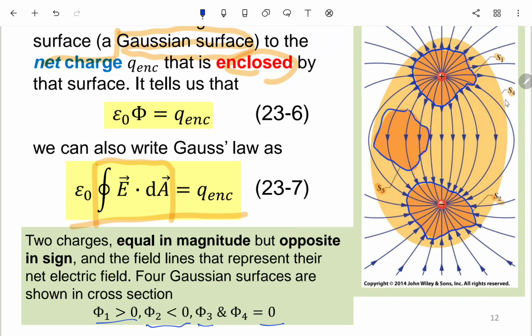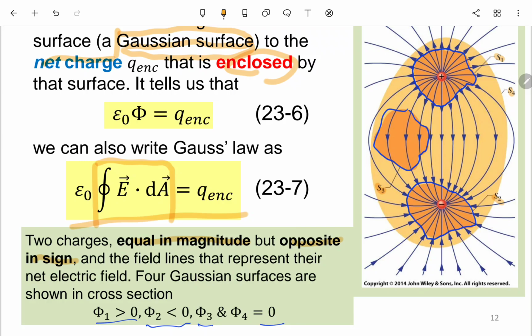And the fourth case is S4, which is the outer big one. In this case it encloses both the positive charge and negative charge. Here we assume these two charges are equal in magnitude but opposite in sign. 就是大小一样，符号相反而已。So the total charge enclosed by S4 is this charge added with this charge, so they perfectly cancel.